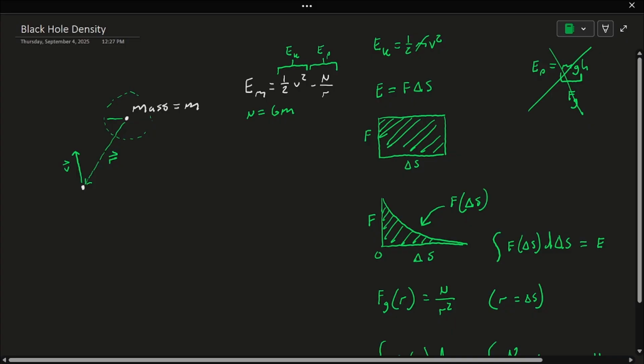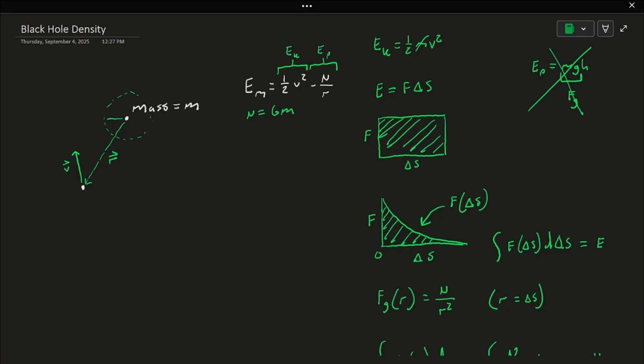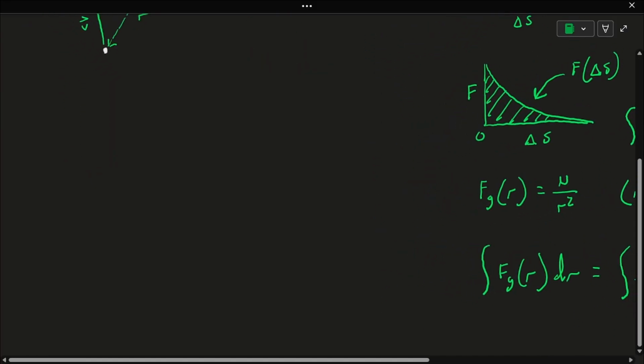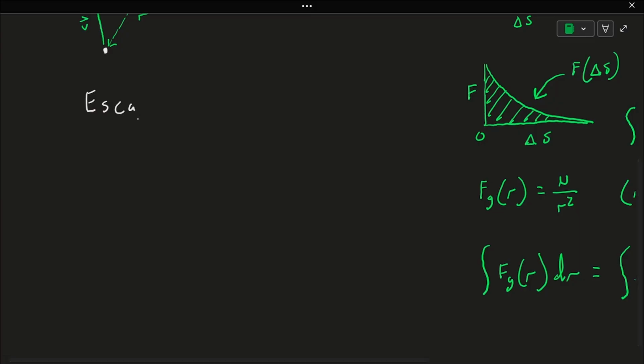So now from here, we can calculate our escape velocity. I'm going to make a little new section for this. Escape velocity right over here.